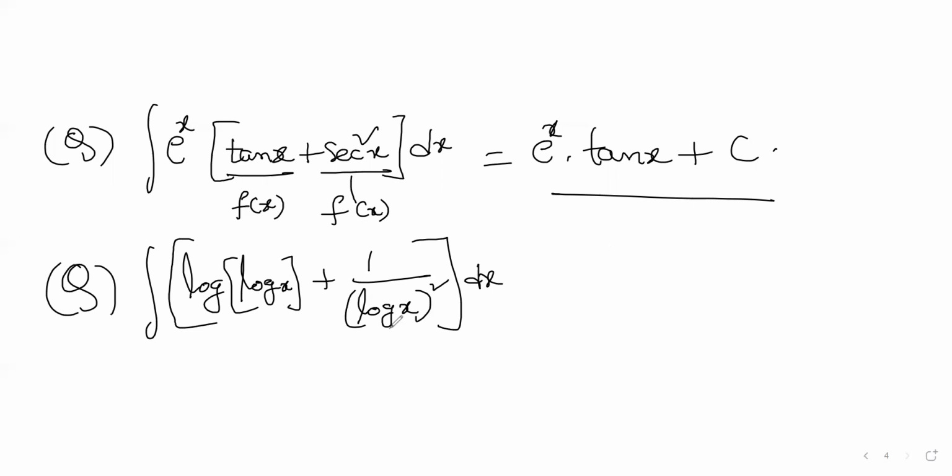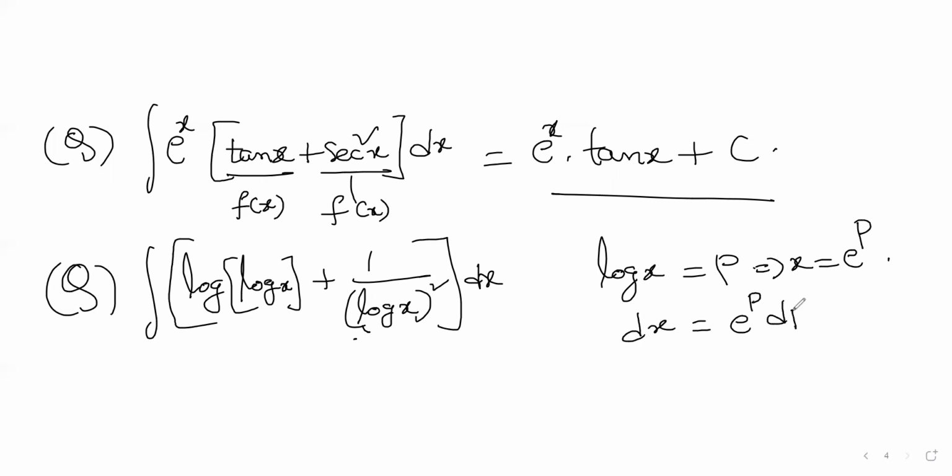Now how do we solve this? This and the earlier ones are close; they have the same form. So I assume log x as p, and I can write x equals e^p, and dx is e^p dp, right?